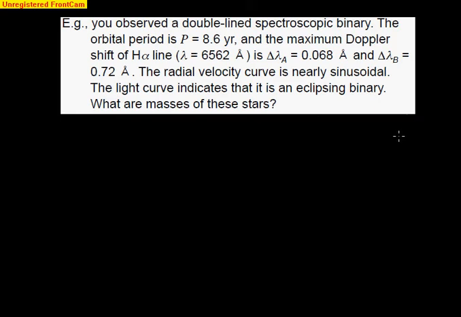And so an eclipsing binary, when you have a star and the other star goes around it in a circle, that means that your line of sight is such that you're going to get your maximum Doppler shift.